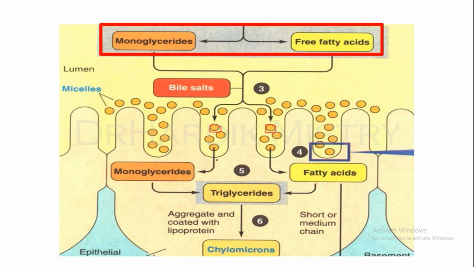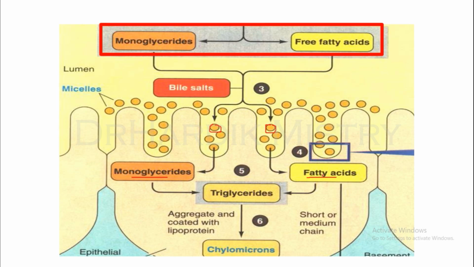As I already told you, inside the center of the micelles there are different molecules of monoglycerides and free fatty acids, but they never join with each other. So these micelles carrying the monoglycerides and free fatty acids enter into the luminal cell.